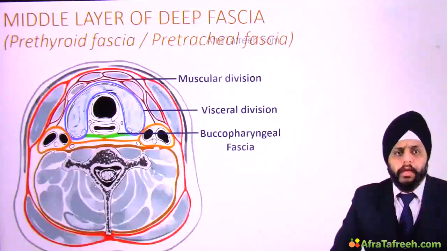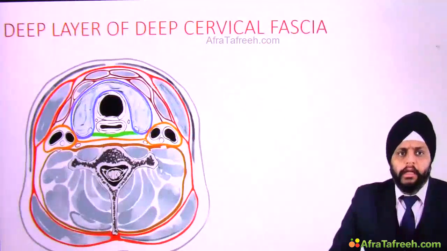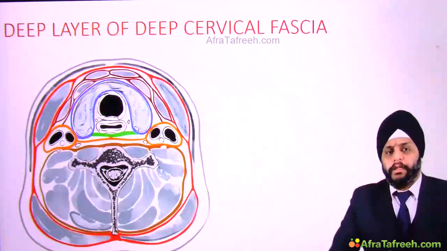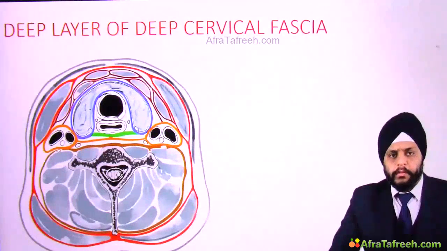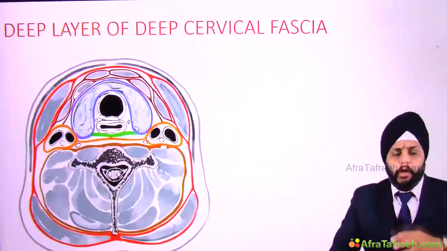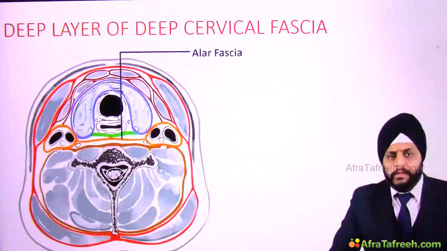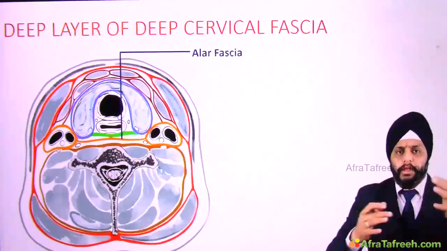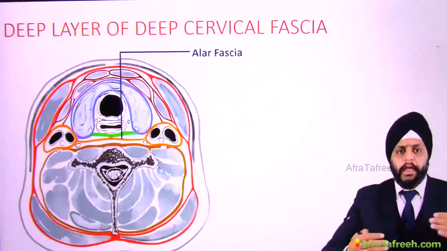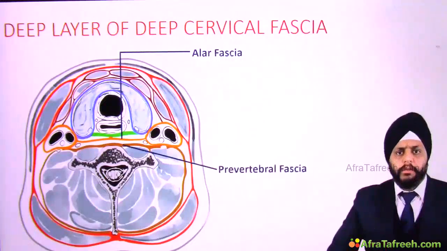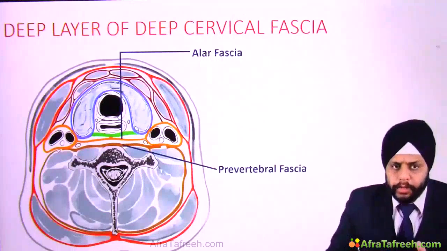Let's go and understand the deep layer of deep cervical fascia. You see over here, it is further divided into two layers: number one, the alar fascia, and number two, the prevertebral fascia.